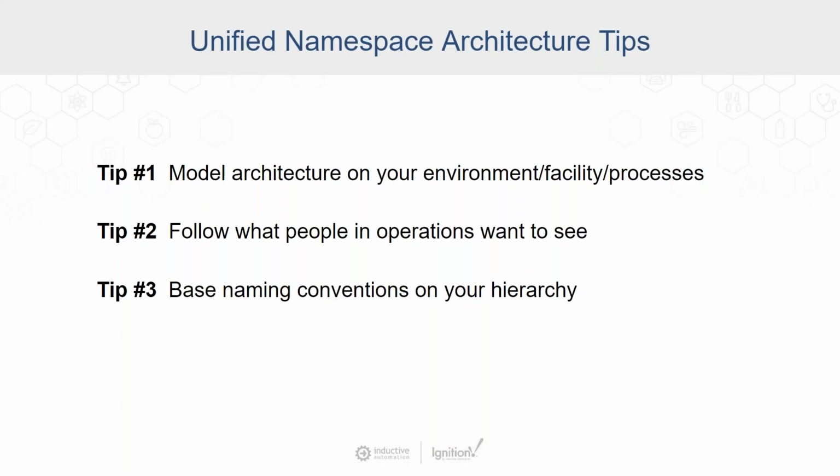But keep in mind that it's going to flow, because as Kent said, with AI, ML, with these cloud architectures, we're going to get this up to IT, and they're going to want that data to already be organized to where they can start operating on it. And then again, base your naming convention on your hierarchy. If you're a small company, just a single location, your hierarchy could be quite flat.